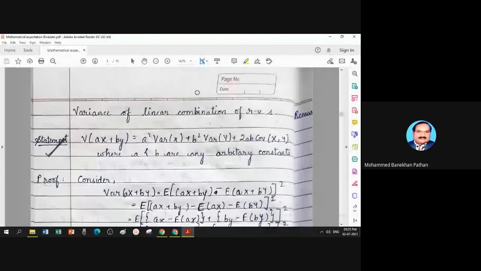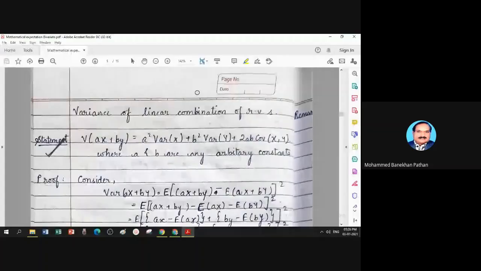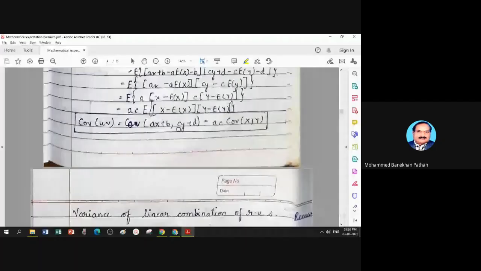Yesterday I had given you the definition of covariance as well as seen the property of change of origin and scale. It is seen that covariance is affected by scale but not affected by origin.